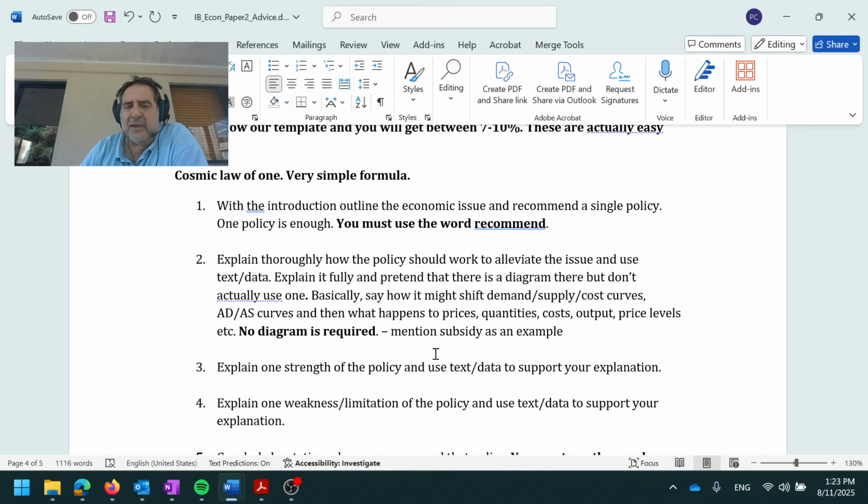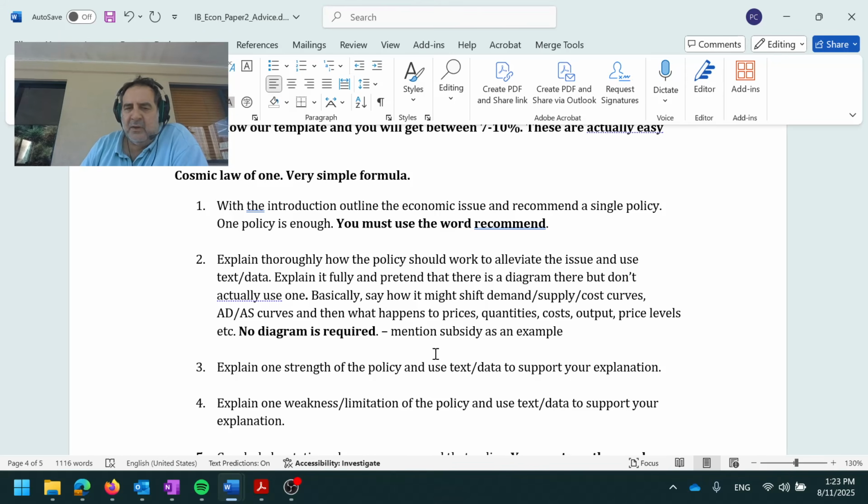Now, we always say explain it fully, and in a way what you do is you try to pretend that there is a diagram there, but you don't actually use one. So there is no requirement for you to use the diagram in the recommend question, so I would not waste my time sketching it.